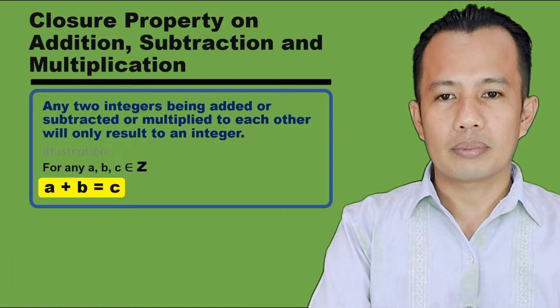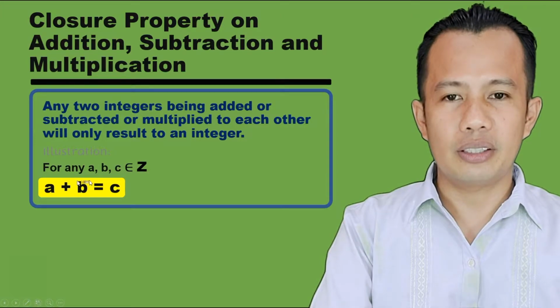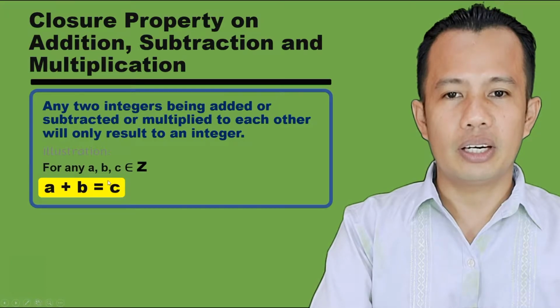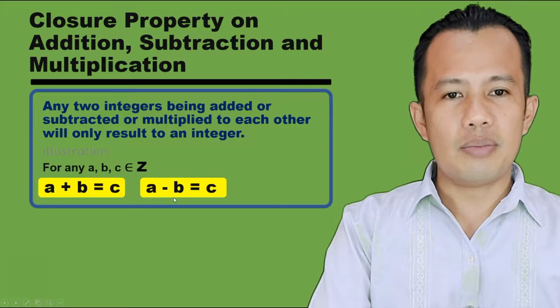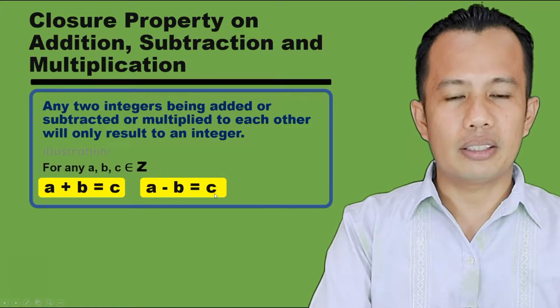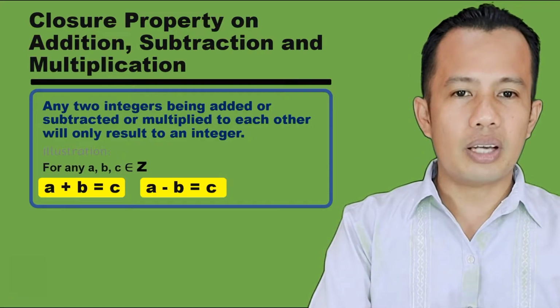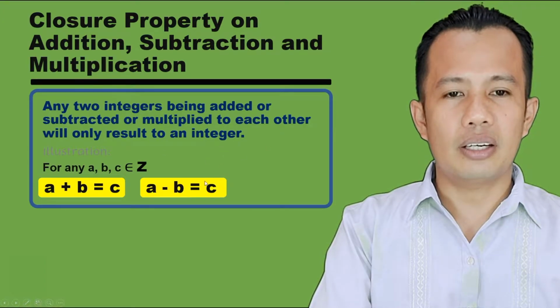Take note, a, an integer, plus another integer will result in a sum which is also an integer. Next case, a minus b is equal to c. A and b are all integers. When subtracted with each other, the result or the difference is another integer.